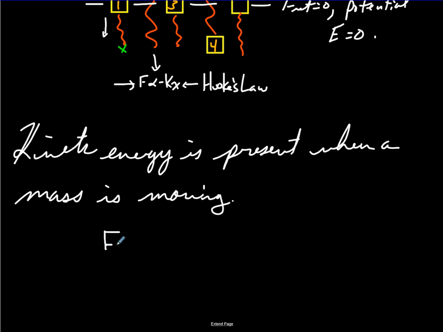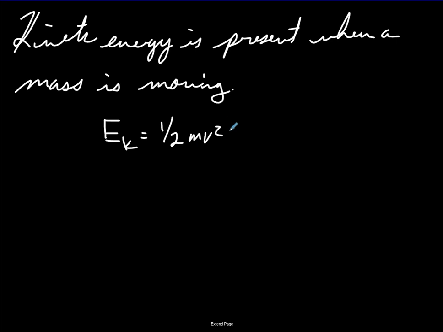So say E sub k, the energy of kinetic motion, the energy of motion, is 1/2 mv squared. So it's going to be maximum in this case when velocity is maximum. And elastic potential energy is equal to 1/2 kx squared. So it'll be maximum when we have the largest delta x, the largest amplitude.